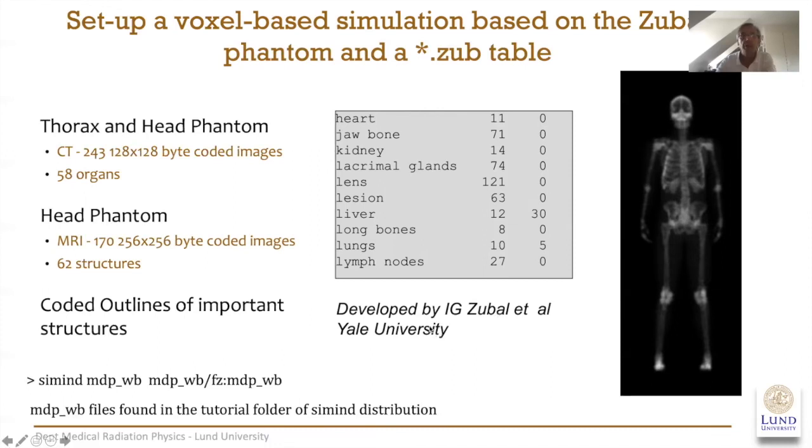That's why it's called the Zubal phantom. And the command that I will use is shown here, and this file here is actually the table that is used for the simulation. In this case, it mimics a whole body bone scan, and you can see this image here, and this is what we will run now. You can find these files in the tutorial folders of the SIMIND distribution.